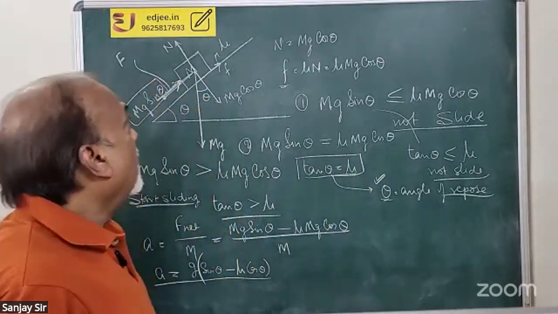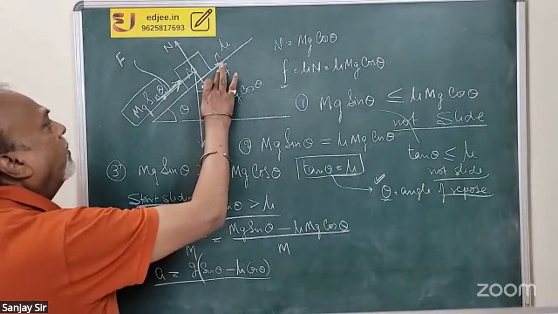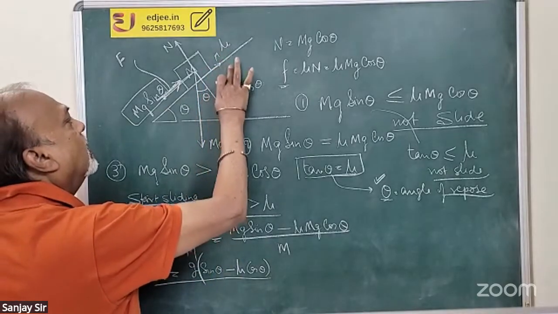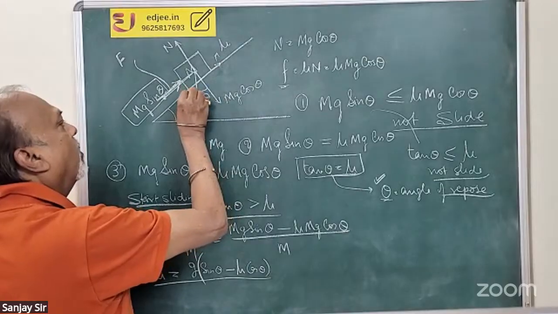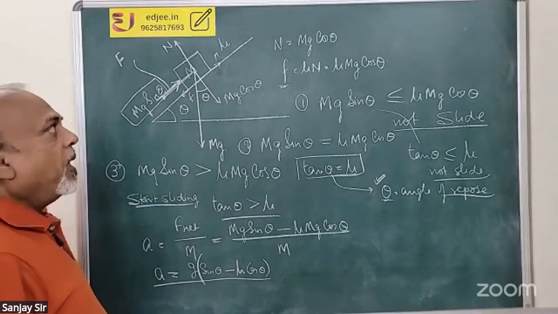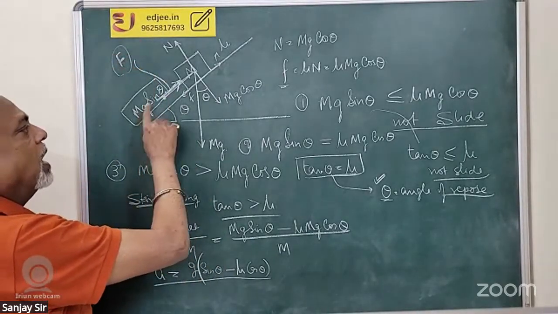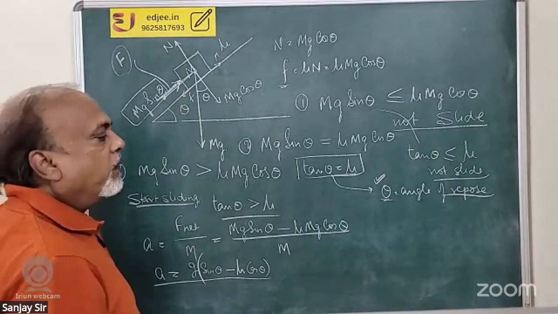Of course, if you are moving the block up, then your frictional force will be now like this. Then this F has to oppose this mg sine theta as well as the friction.